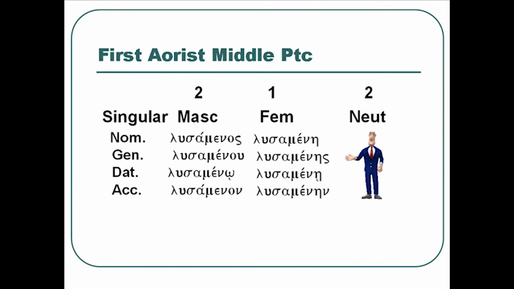The feminine, similarly, is easy. You've got lusamene, lusamenes, lusamene, lusamenen. The a, es, e, en endings straight from graphe with the feminine first declension.